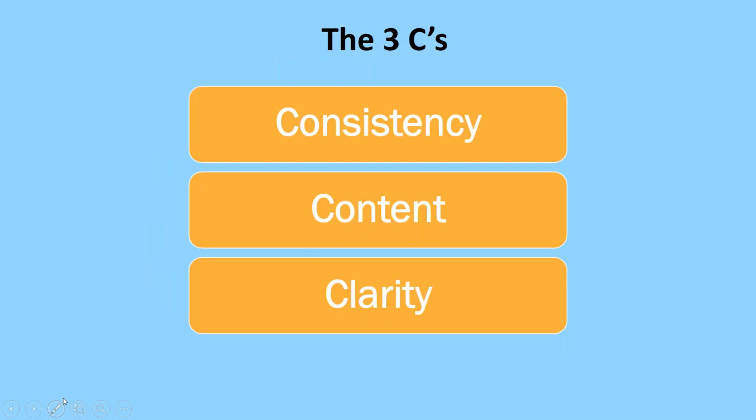All right, so as we're nearing the end here, as you create or revise your CV, you'll want to keep in mind what I call the 3 C's: consistency, content, and clarity. And there are some final points here. As you're writing or revising your CV, you'll want to be thinking about the sections you choose to include.